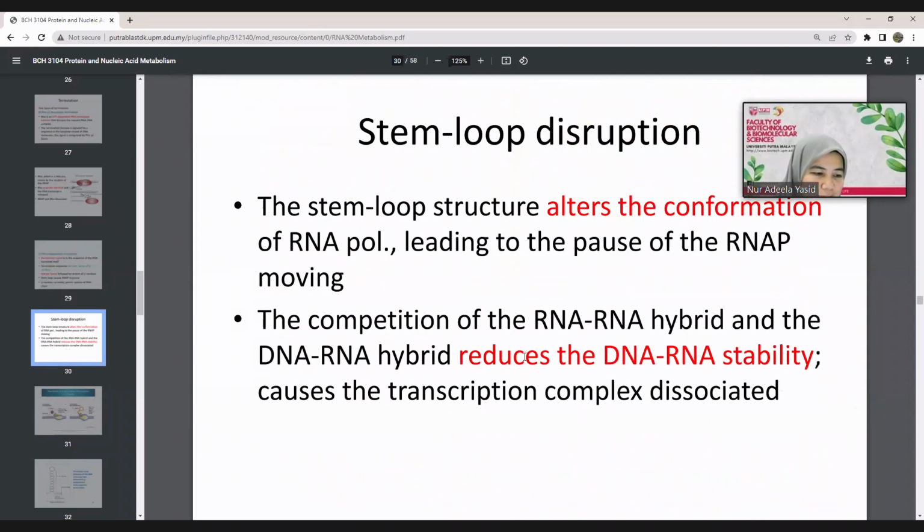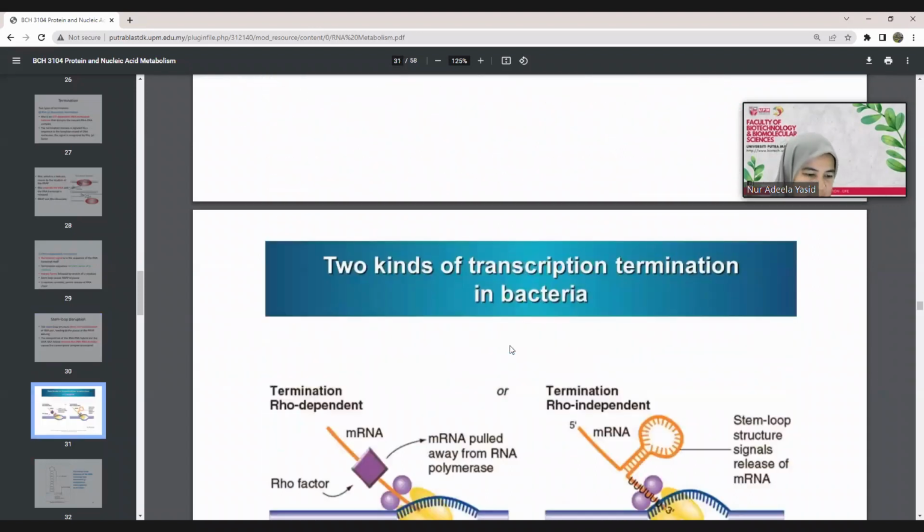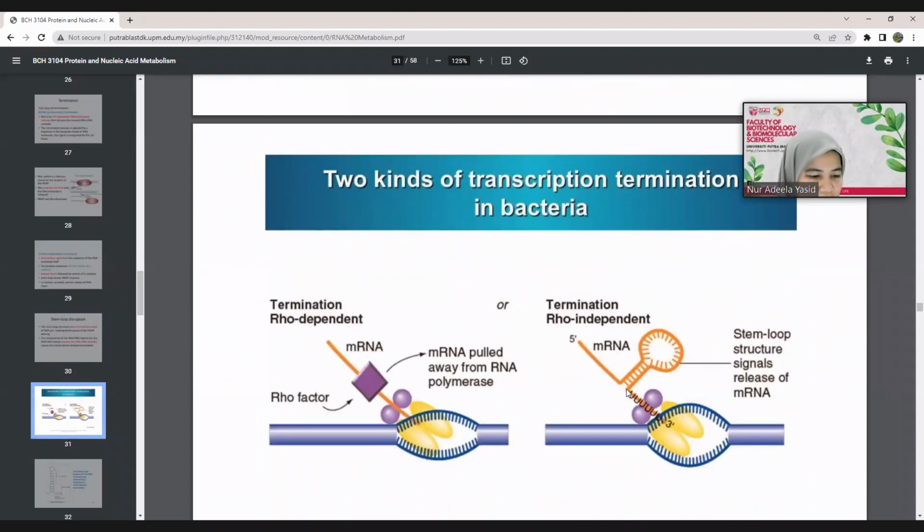And also we have the RNA hybrid, where this is the RNA. Once mRNA has been synthesized, there is a region where the mRNA synthesis process is still occurring, using the DNA as a template.